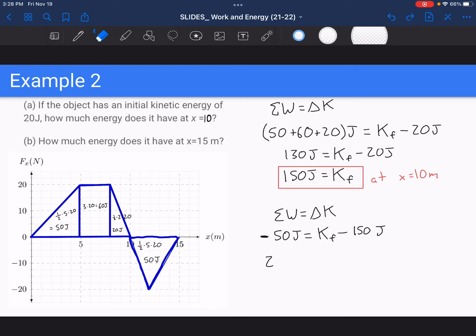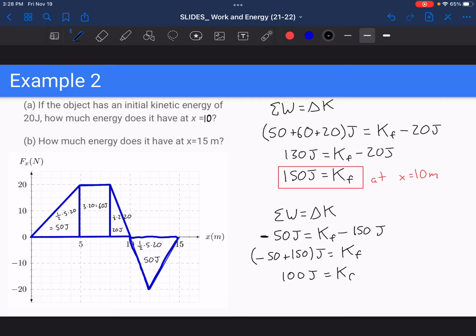We've got negative 50 plus 150 joules is equal to KF. So 100 joules is equal to KF. There we go. And this is at x equals 15 meters.